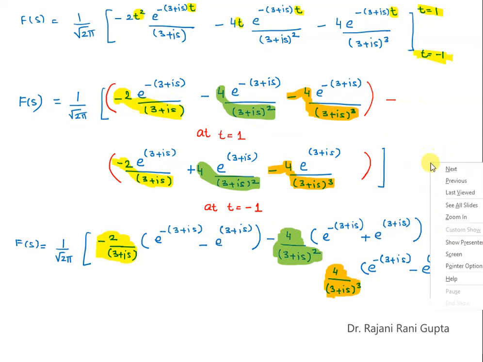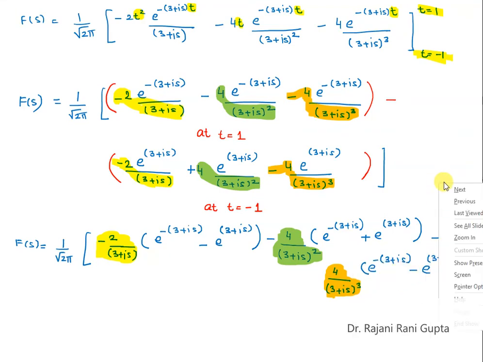Okay, now you can further simplify it by using some properties. By using some properties you can express these terms in terms of sine hyperbolic and cosine hyperbolic functions.